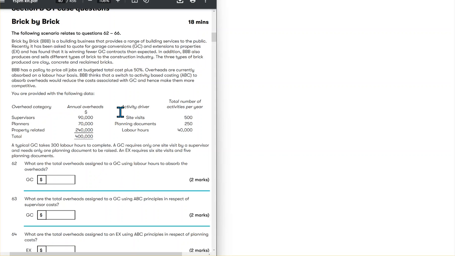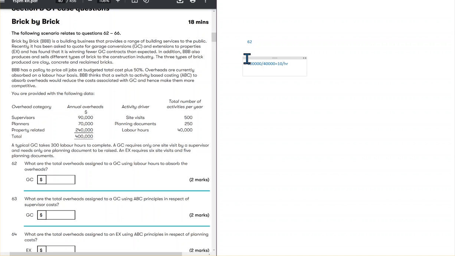So I don't think I need to read it again. Okay, I will take the total cost divided by labor hours. Total labor hours are given here, 40,000. So if we take 400,000 divided by labor hours, it will give us 10 per hour.